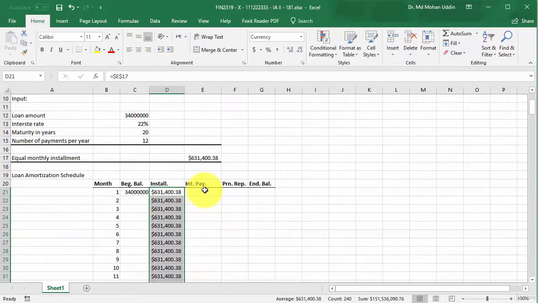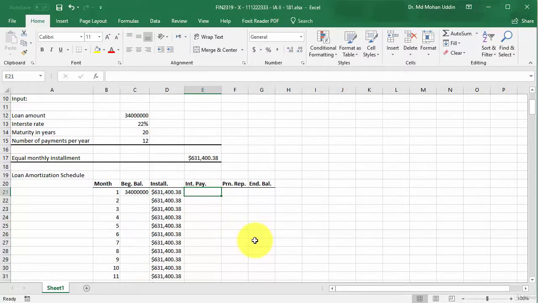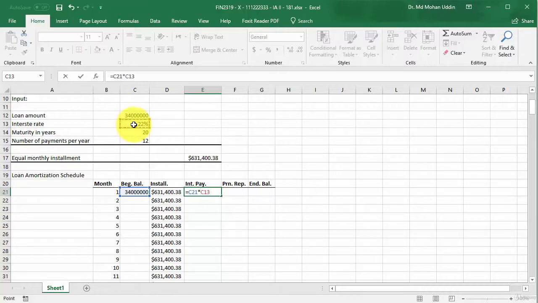Now the interest payment should be equal to the beginning balance times the interest rate. You have to remember that the interest rate mentioned here is the yearly rate, and we have to make it monthly. For doing that, we divide it by the number of payments in the year.